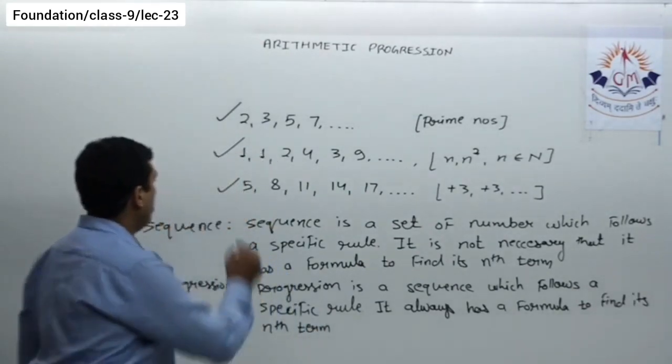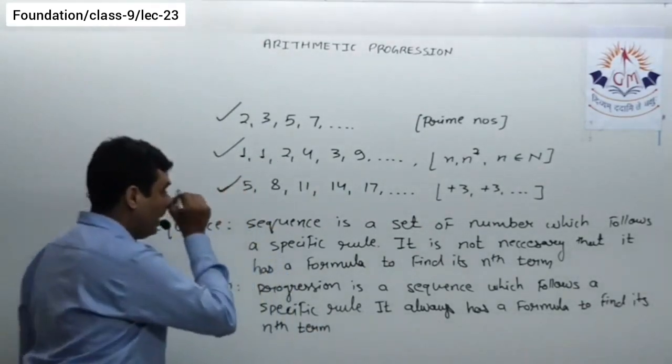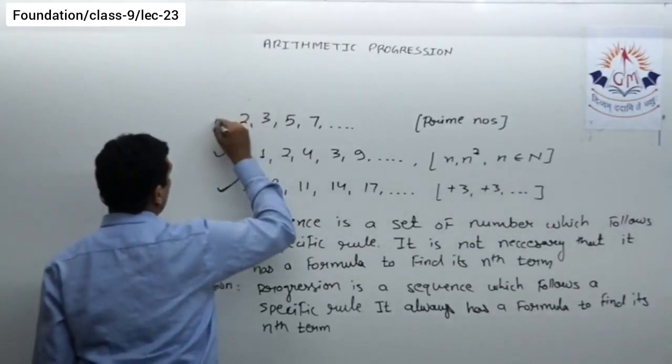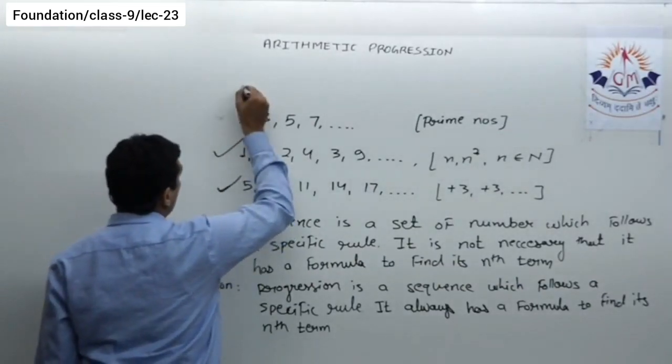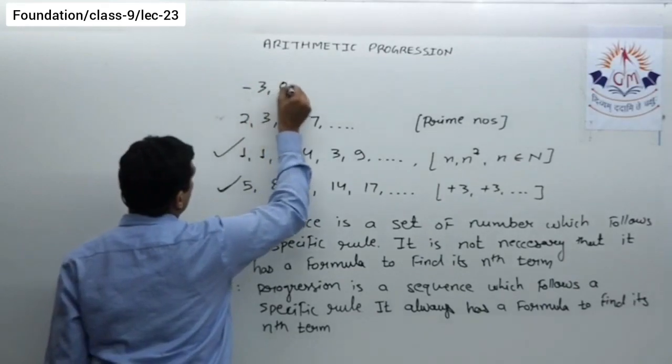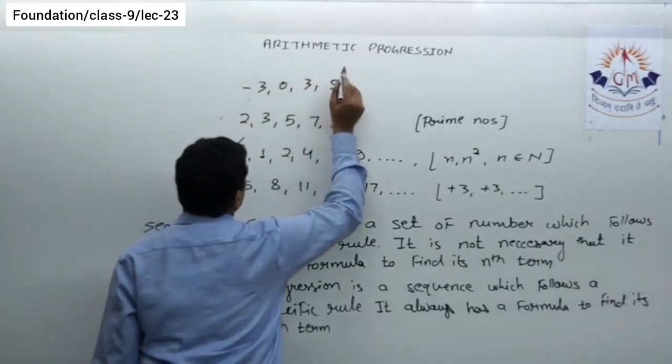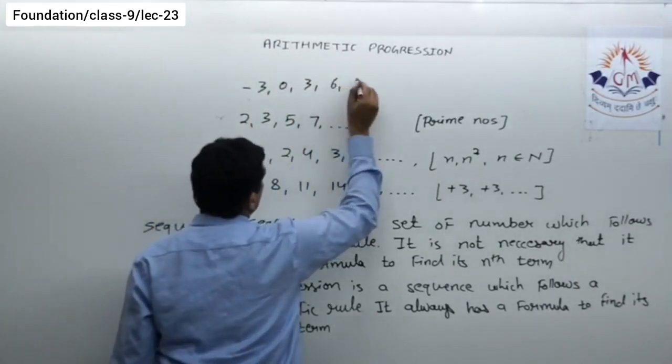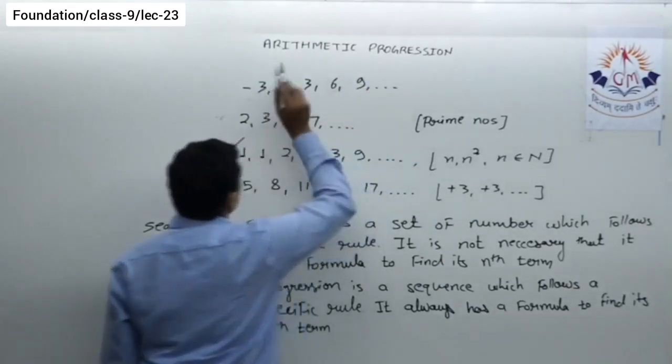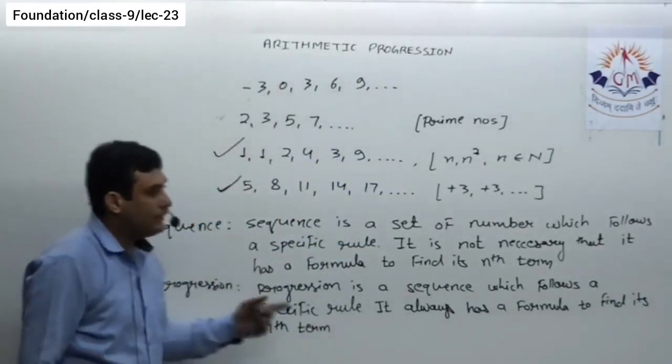For example, this is a progression. If I want to write one more example, I can write in this way: -3, 0, 3, then 6, then 9. This is again a progression. So that is the only difference.